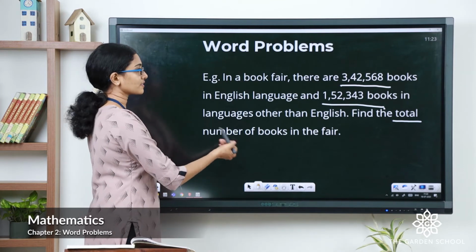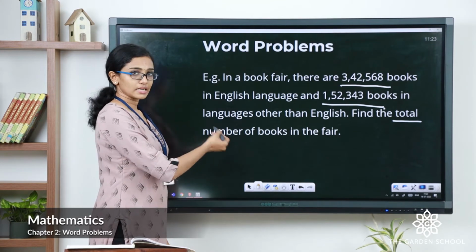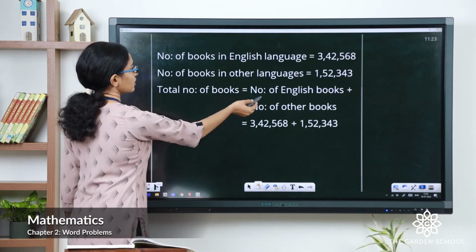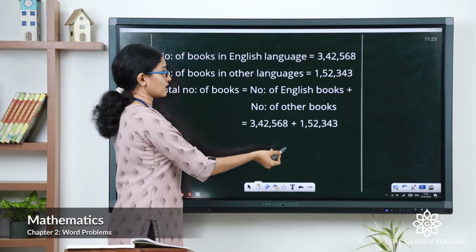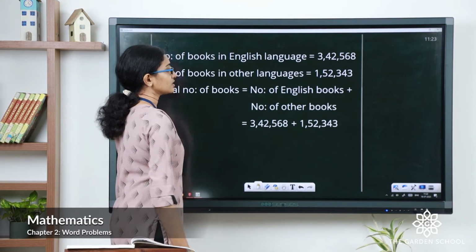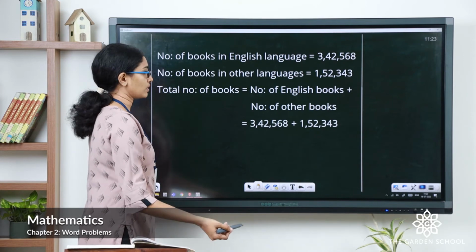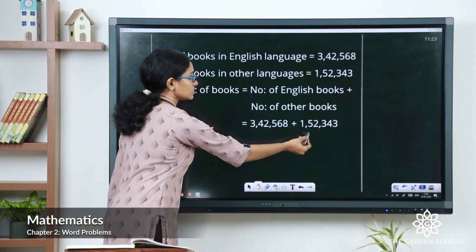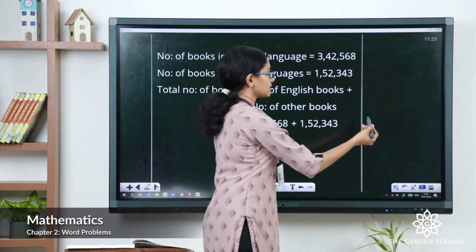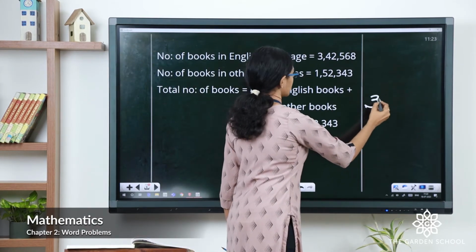Now, how do we find the total number of books? We can write the total number of books equal to the number of English books plus the number of books in other languages. Then we need to substitute the given data here.